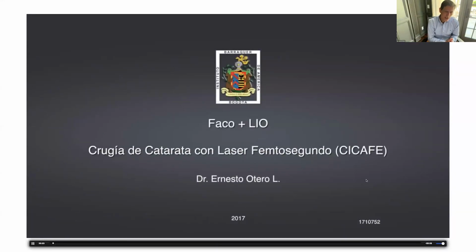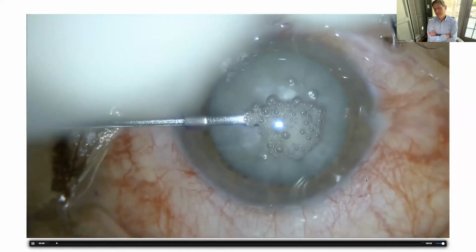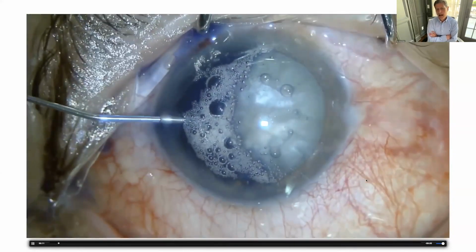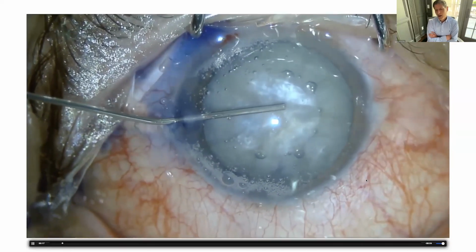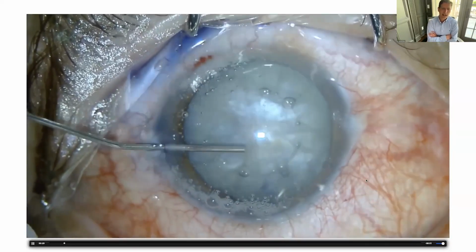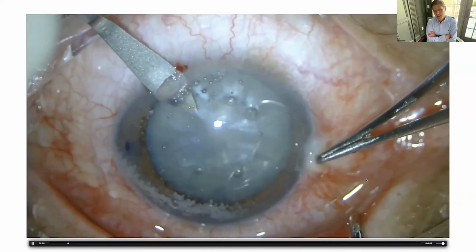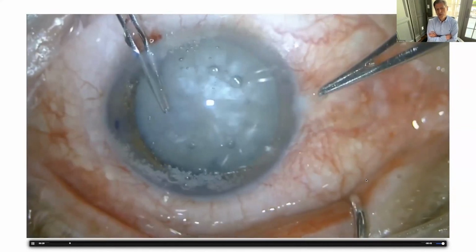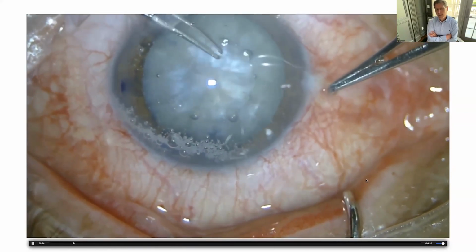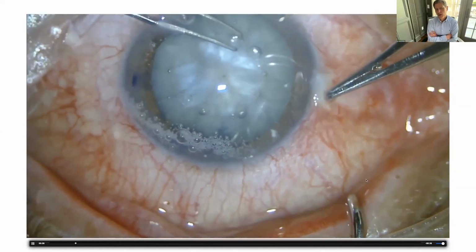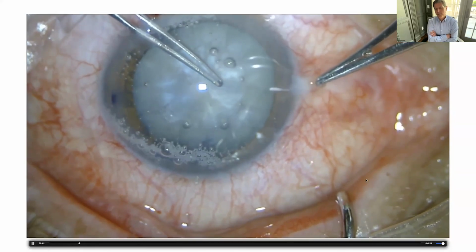Are there other options? Yeah, and I wanted to show you doing a femtosecond laser cataract surgery in a dense nuclei. So the advantage of the femtosecond is that it basically helps us with the incision, it helps us with the rexis, and depending on the femtosecond that you have, there are various programs that create a fracture of the nucleus, either in squares or in fragments.